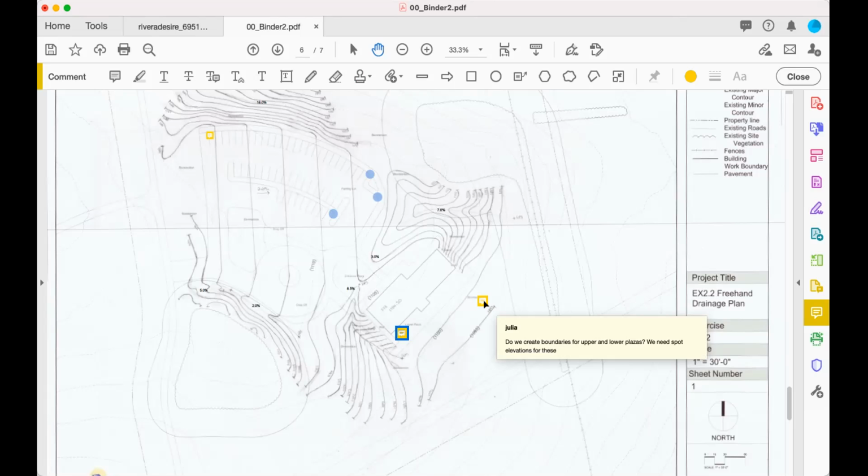In terms of grading, let's take a look. I cannot see the contour numbers very well, so if you can help me with the numbering, that'd be awesome. What's the number of this one?